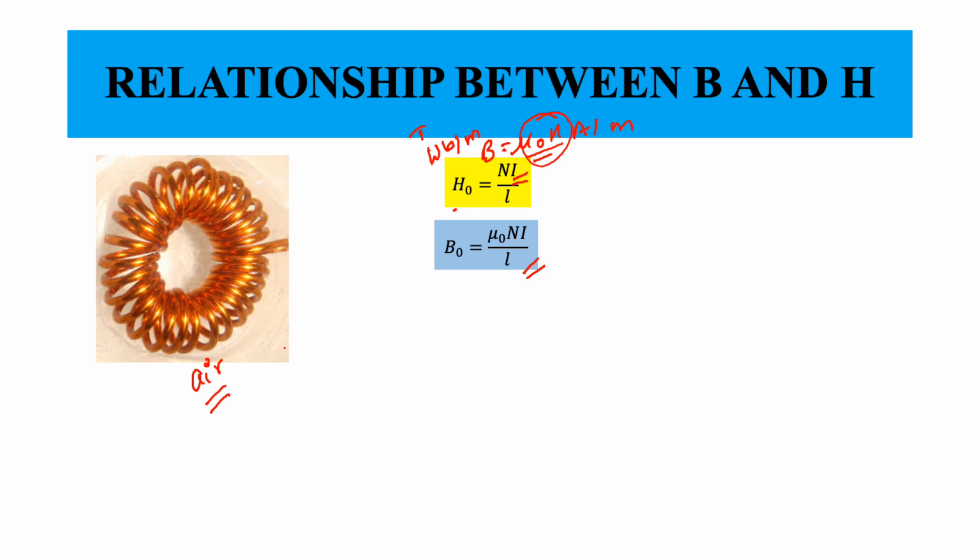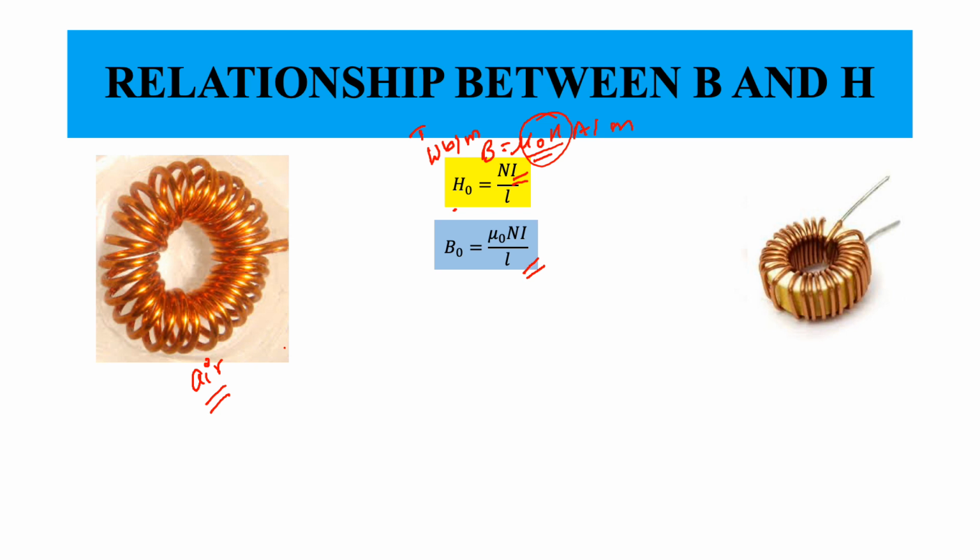Now take the toroid, but instead of filling it with free space, fill it with a magnetic material. That is, take a magnetic material bent into the form of a rod, and then wind it with a current carrying wire of the same turns, and apply the same current.